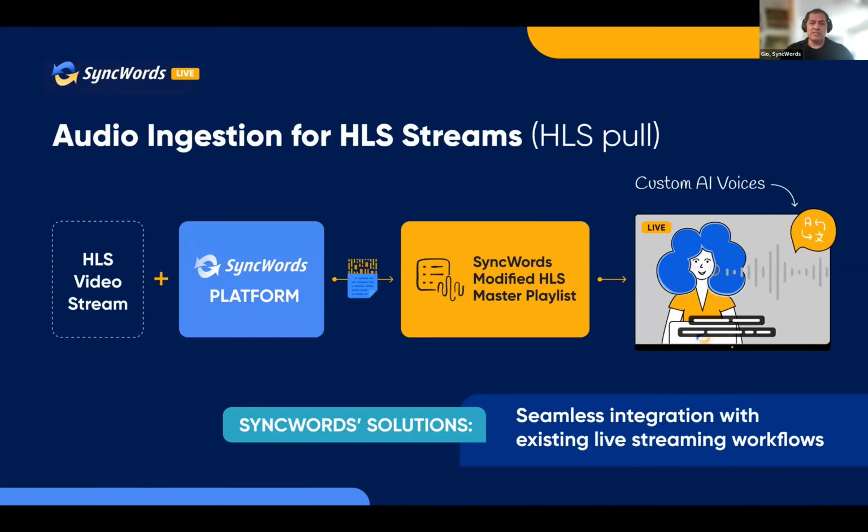So there's a system here in SyncWords where we can actually read the audio and immediately run the speech to text system in order to do the captioning, the subtitle translation, and the AI dubbing. So there's no need for you to send us a separate audio stream in order for us to work. It just simply works with what's already there, your audio. And of course, there's the ability to then customize what you want to leverage and send out.